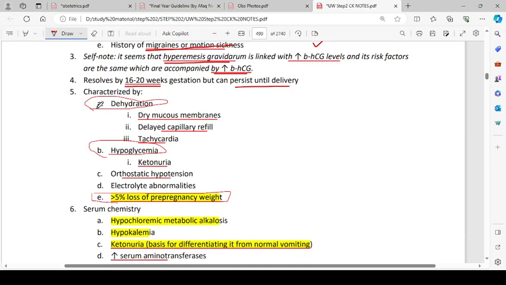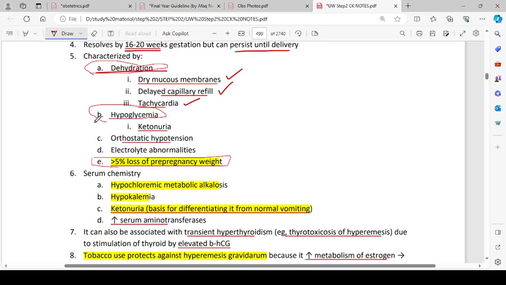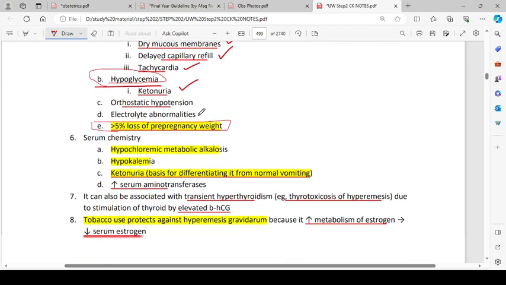It is characterized by dehydration because the woman is losing fluids by vomiting, dry mucous membranes, delayed capillary refill, tachycardia, hypoglycemia, there will be ketonuria, orthostatic hypotension because of dehydration, electrolyte abnormalities, there will be hypokalemic metabolic alkalosis.